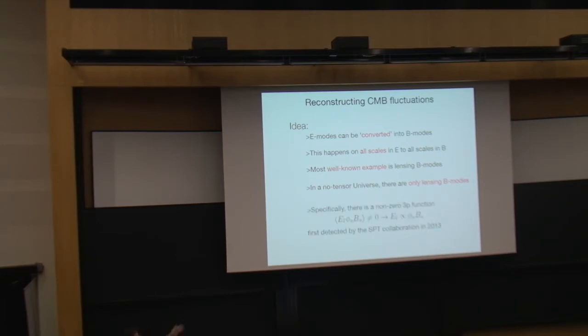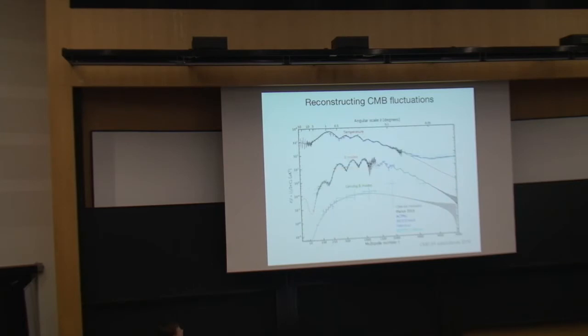And so we know that there exists this correlation which relates the large-scale E modes to small-scale B modes, right? And so you can write down an estimator to get back to the large-angle E modes. That was the idea. And we know that this thing exists because this has been measured. In fact, the first measurement of lensing B modes was with SPT in some form of cross-correlation.